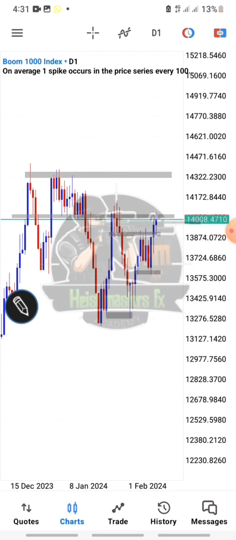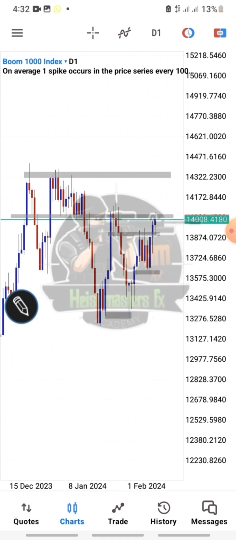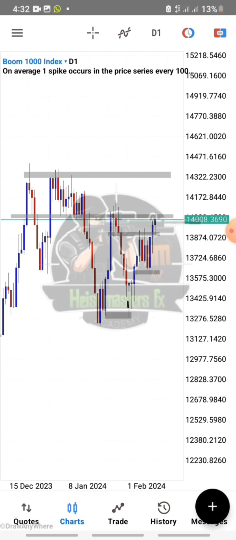So in the daily, what can we see? In the daily, we are still in a bullish trend. We had a higher high, higher low, and then a higher high, and then most probably, because we have another zone there, we can come to form a higher low, and then the market propels to a higher high at this zone here.